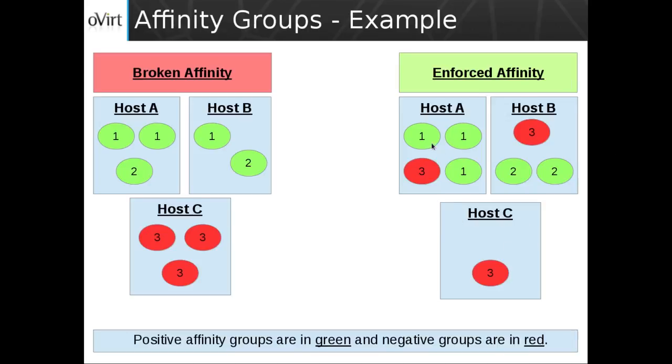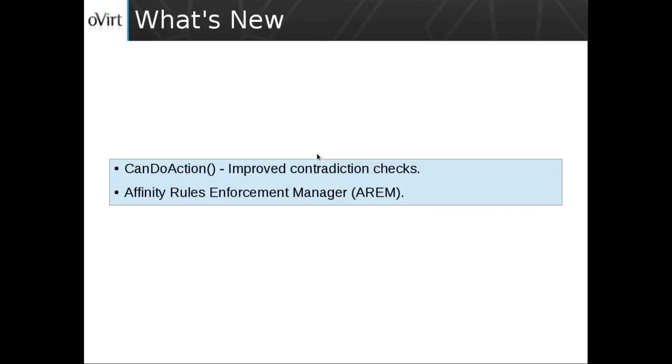In affinity group 1, all the VMs are on host A, and in affinity group 2, all the VMs are on host B. In affinity group 3, which is the negative one, each VM is on a separate host. We don't see 2 VMs from this negative affinity group on the same host. So all these affinity groups are enforced.